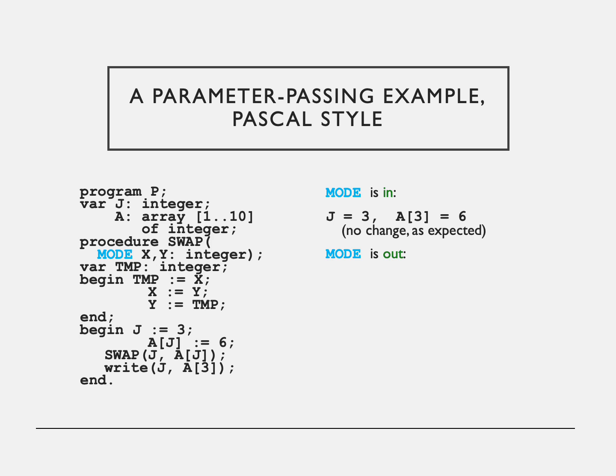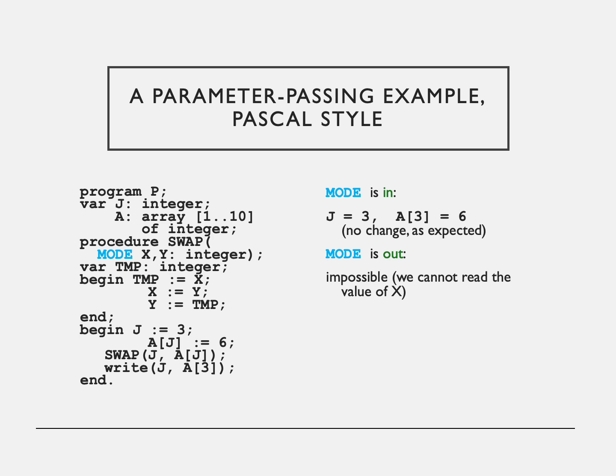The array's third element and the variable j have effectively swapped their values. The write statement outputs the new values of j and a3, which will be 6 and 3 respectively, demonstrating a successful swap.